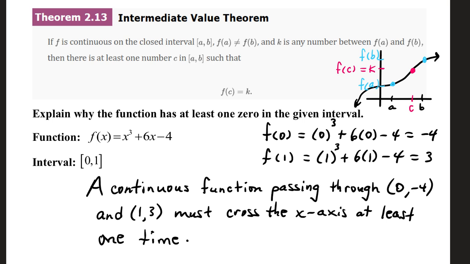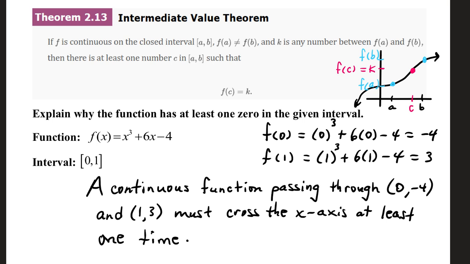One function value is negative, the other function value is positive. With a continuous function, there's no way to get from (0, negative 4) to the point (1, positive 3) without crossing the x-axis. On the x-axis, all your values of y are 0.